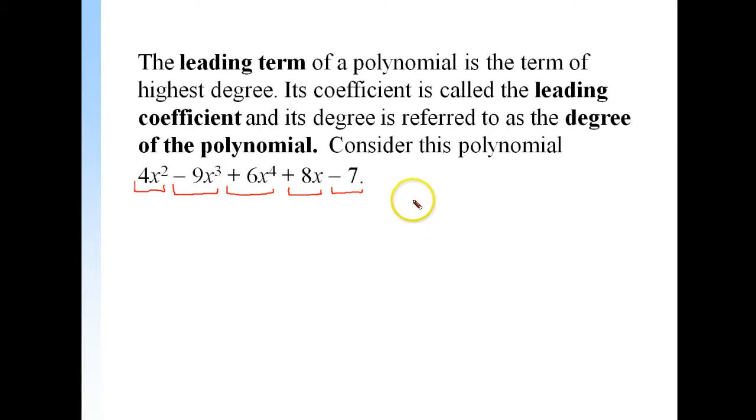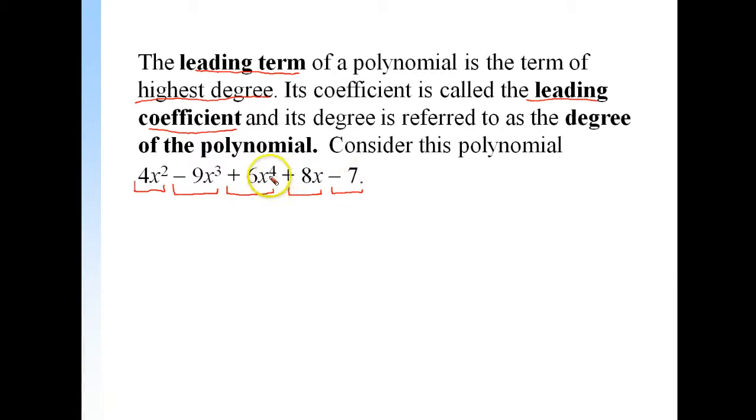Now, as we look at this, what would be the leading coefficient? Well, first let's do the leading term. Is it the one of the highest degree? Well, this is degree 2, 3, 4, 1, 0.